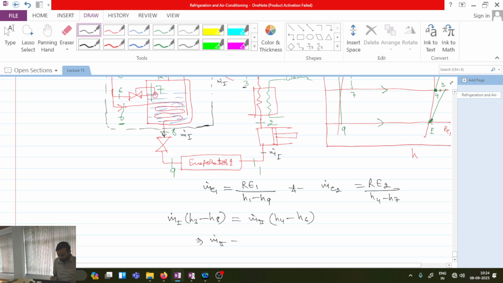So m dot 2 will be equal to m dot 1 into H3 minus H8 divided by H4 minus H6.